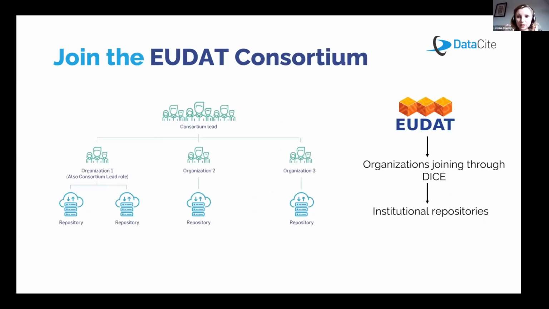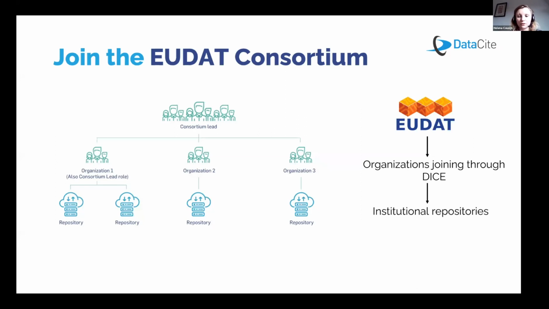So here you see what the consortium structure looks like. So there's a consortium lead, and that consortium lead provides the DOI services to other organizations. And so there are several organizations underneath that can be 5 or 150. And then these organizations have their own repositories, and that can be 1 or more repositories.